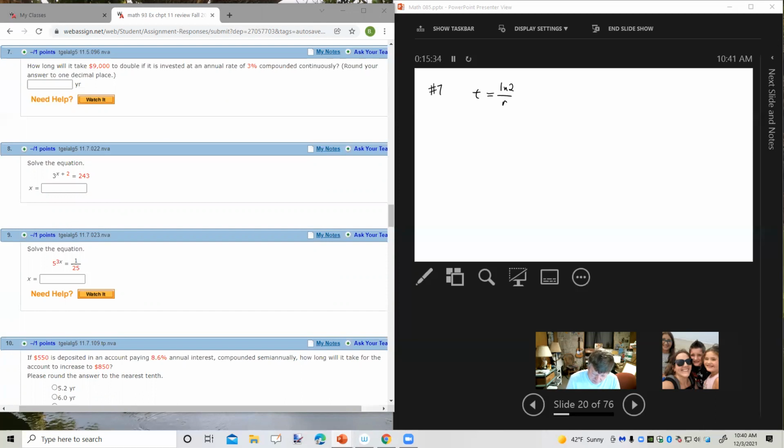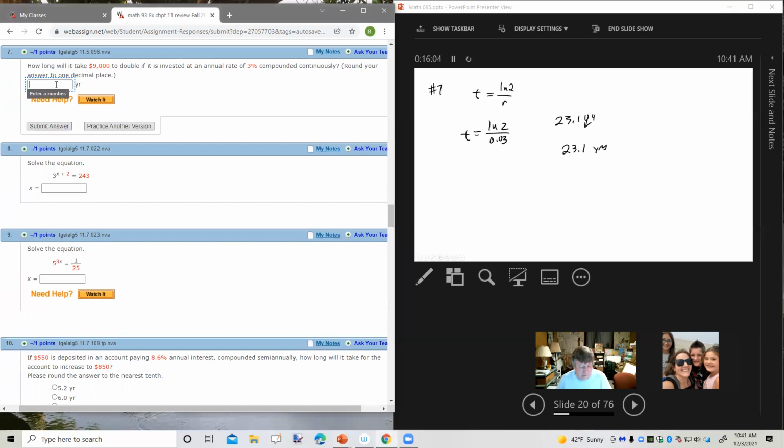So the time equals the natural log of 2 over 0.03, the annual interest rate. So we've got the natural log of 2, close it up, divided by 0.03. Round your answer to one decimal place. I'm getting 23.104. So that would round down to 23.1 years.